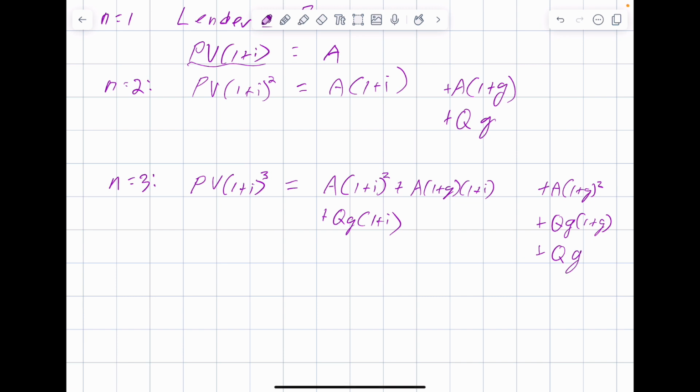Now, if we set these equal, A will be a little bit more than a third of PV. Finally, we'll calculate a payment for the 4-year loan by hard coding N equals 4.